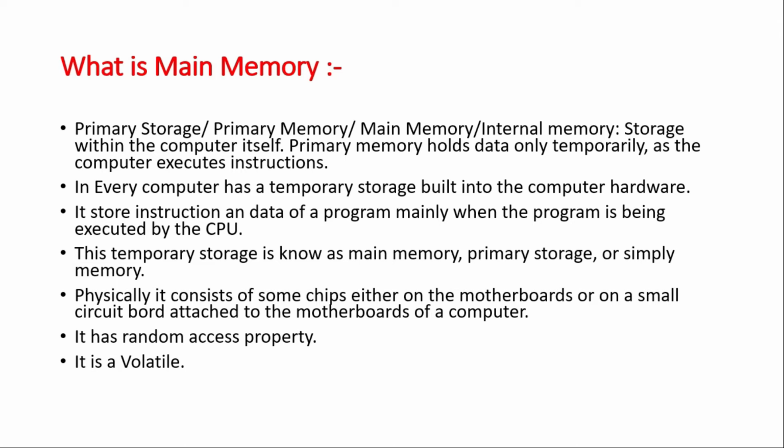Primary memory holds data only temporarily as the computer executes instructions. In main memory, the computer has temporary storage built into the computer hardware. The main memory holds instructions and data of a program mainly when the program is being executed by the CPU.